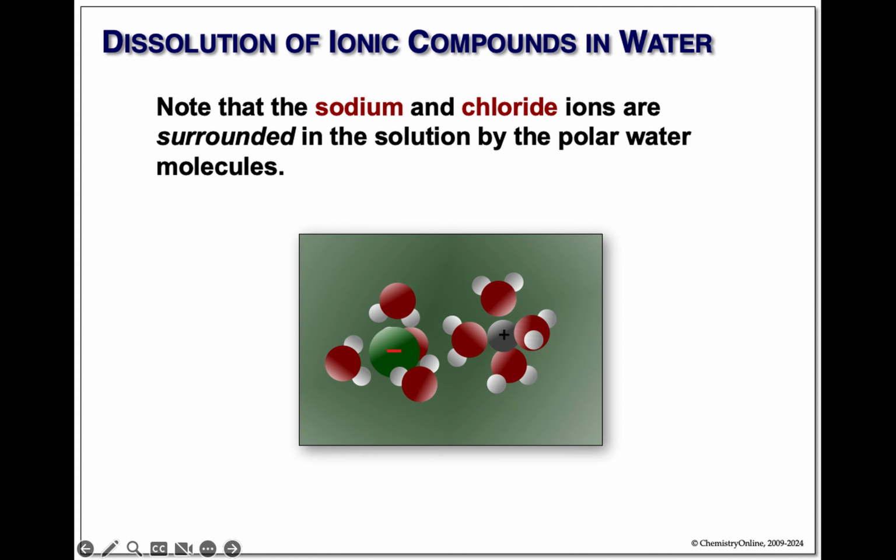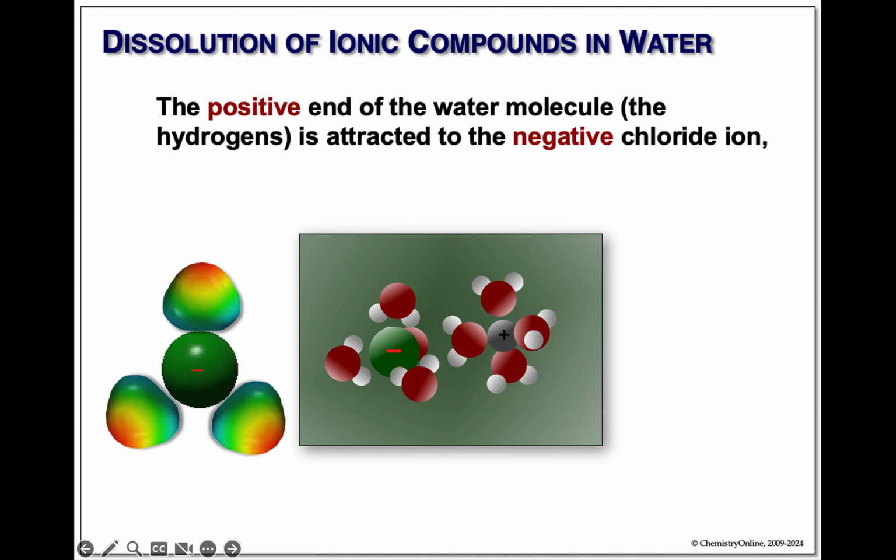There's the sodium ion, here's the waters, and you'll note that all of the oxygens are pointed towards the sodium. Over here we have the chloride. All of the hydrogens were pointed towards the chloride. That's because this is the positive end, and this is negative. So we wrap this guy up in these little positive bottoms of our water molecule.